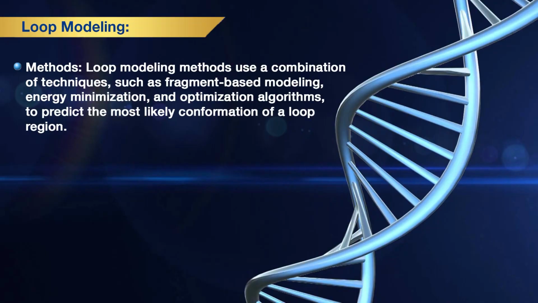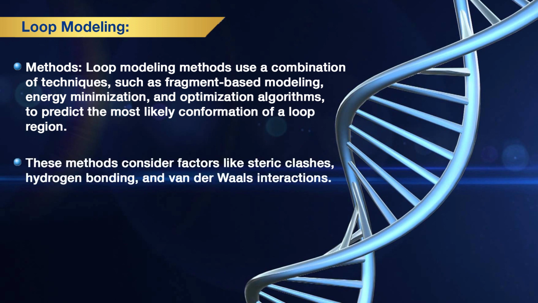Loop modeling methods use a combination of techniques such as, the first one, fragment based modeling, second, energy minimization, third, optimization algorithms, and by employing these methods, it is used to predict the most likely conformation of a loop region. These methods consider factors like steric clashes, hydrogen bonding, and the very important one, van der Waals interactions.